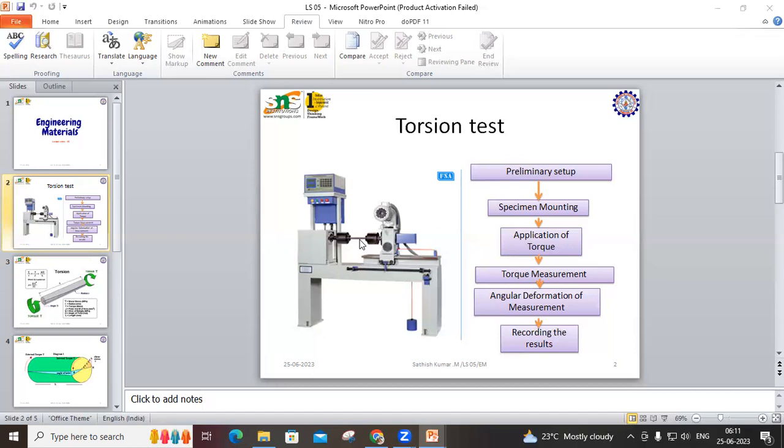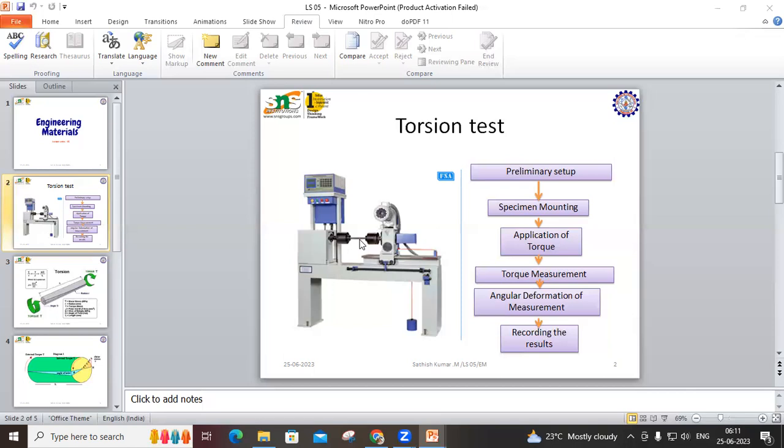The machine consists of a drive system, grips, a fixture to hold the specimen, and a torque measuring system. For specimen mounting, the specimen is securely mounted between the grips or fixture of the machine. One end is held stationary while the other end is attached to a drive system.